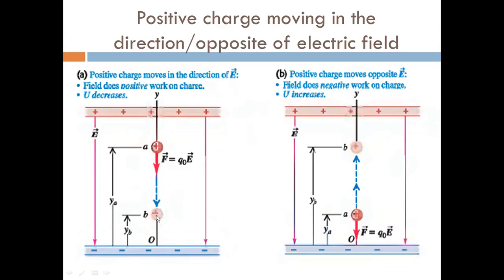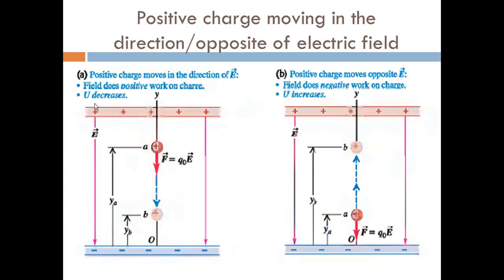Now, the question is, in this scenario, what is the relationship between the direction of the force and the displacement? Are they in the same direction, or in opposite directions?